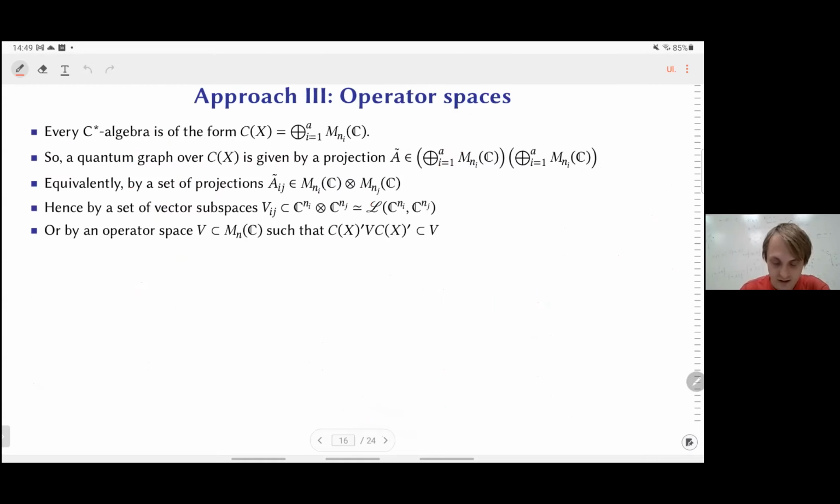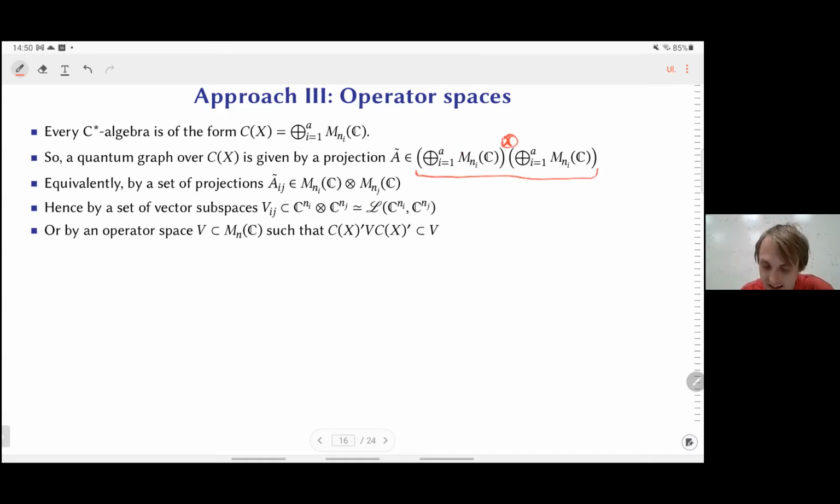And so before I go to the classification, here comes a third approach to quantum graphs, and this is basically what I just said. More generally, every C-star algebra is of this form. So this is a direct product of matrix algebras, right? So a quantum graph is given by a projection in, oh, there should be a tensor product here, sorry, in this algebra, right?